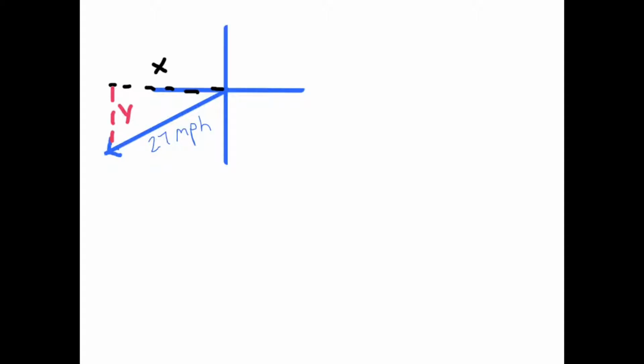And like I said, Hawaii is a 210 degree angle from San Francisco, from due east. So the equation to find the x value, using this magnitude of 27: we want to find a position, which is a distance, but we're given a rate or a speed.